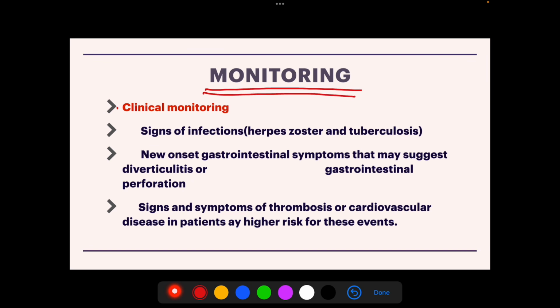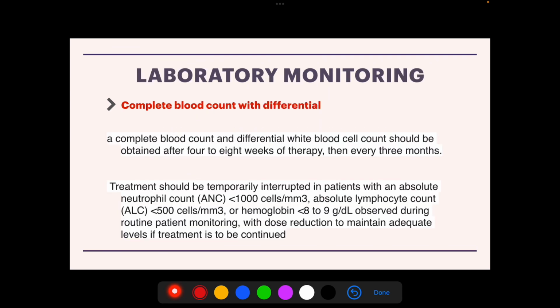Monitoring. Clinical monitoring: patients should be examined for signs of infections like herpes and TB, new onset GI symptoms that may suggest diverticulitis or GI perforation, and signs and symptoms of thrombosis or cardiovascular disease in patients at high risk of these events.